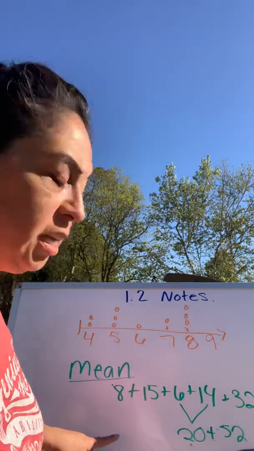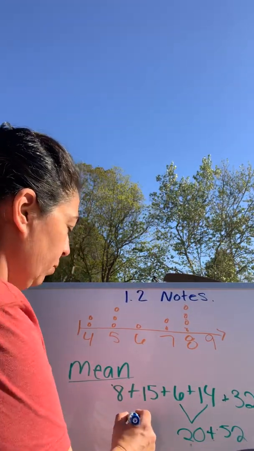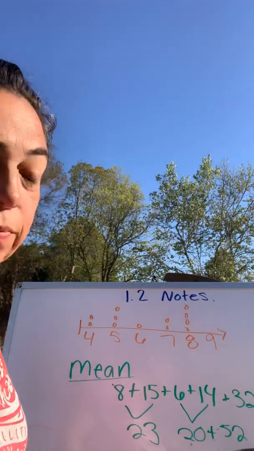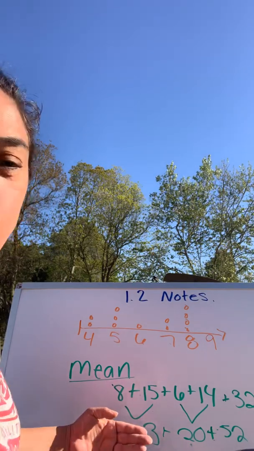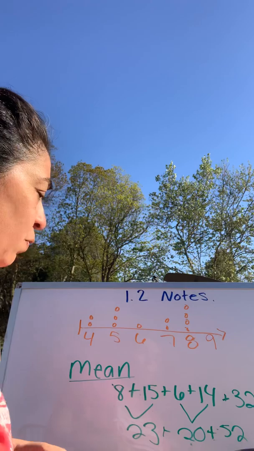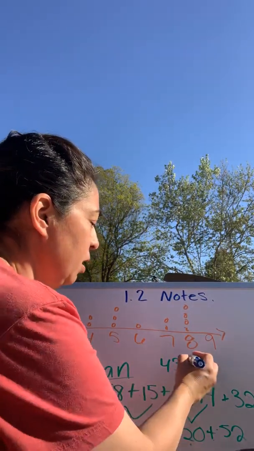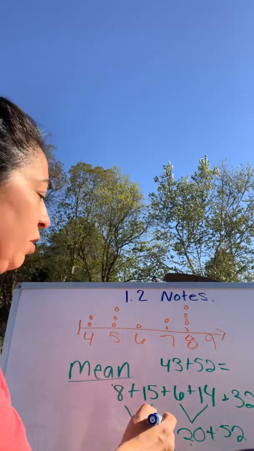Now I'm going to take my 8 plus 15 equals 23. So now I have 3 numbers. So I can say 20 plus 20 is 40. 40 plus 3 is 43. 43 plus 52. That's what I came up with.